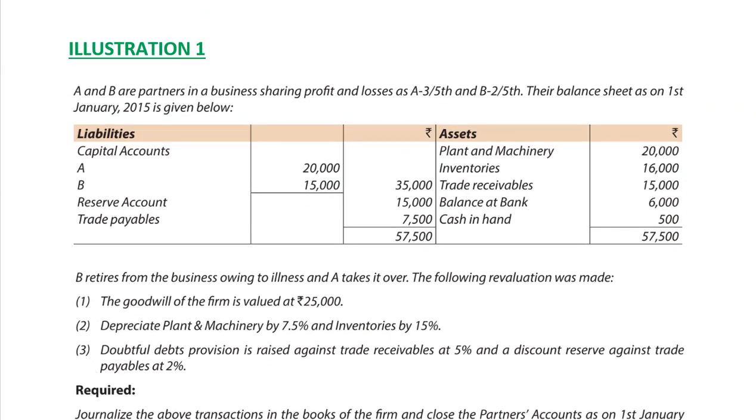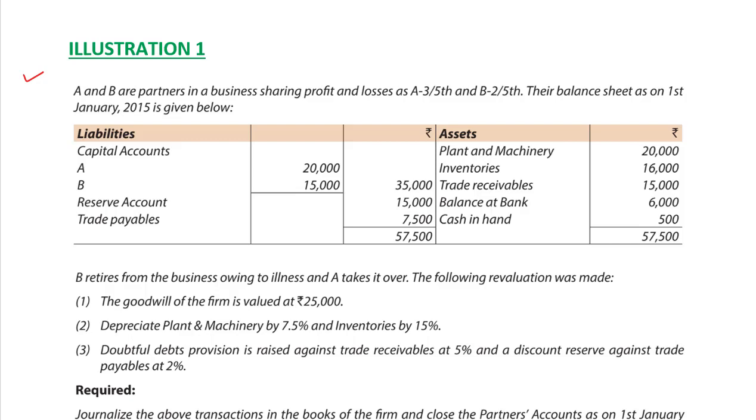Illustration 1. A and B are partners in the business sharing profits and losses in the ratio of A 3/5 and B 2/5. Their balance sheet as on 1st January 2015 is as follows.